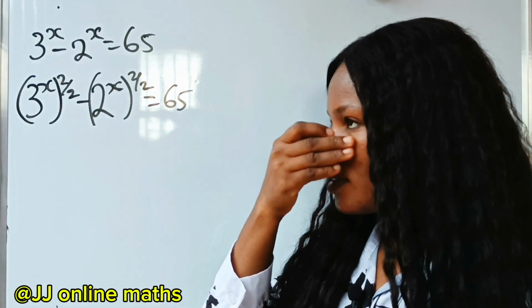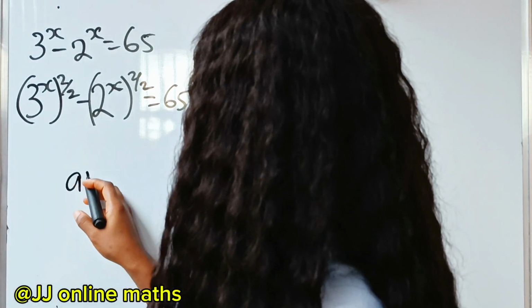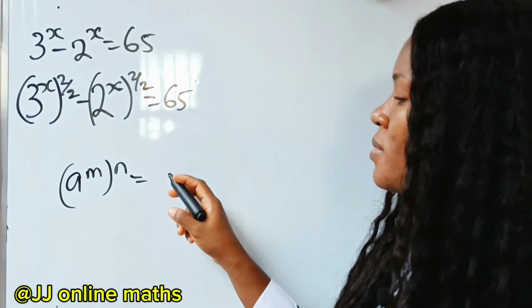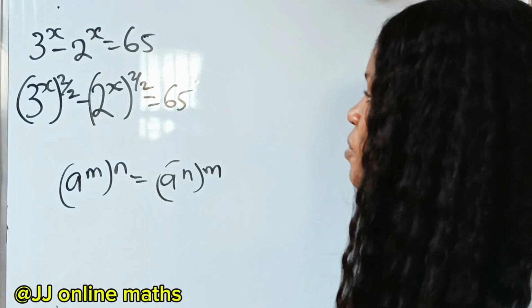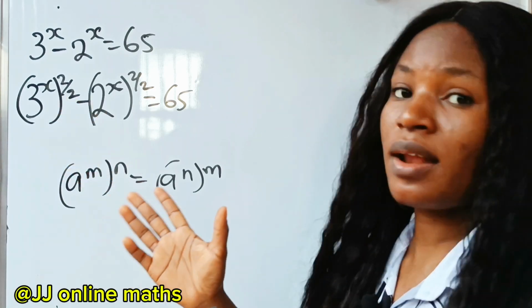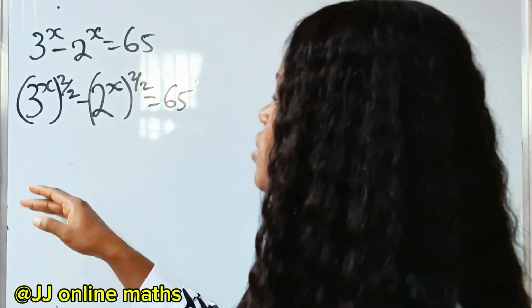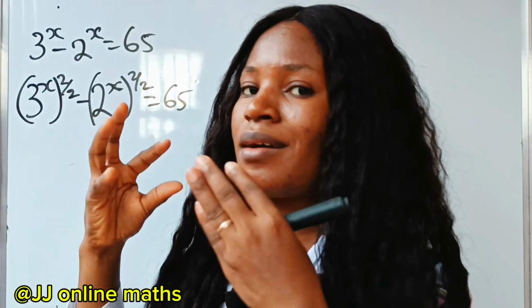Now, when you have a to the power of m raised to the power of n, this is the same thing as a to the power of n raised to the power of m. This simply means that when you have two powers, you can interchange their position. So that is exactly what I will do now. I'm going to bring this in and leave 2 outside to form my square.